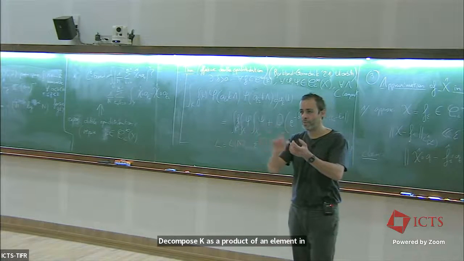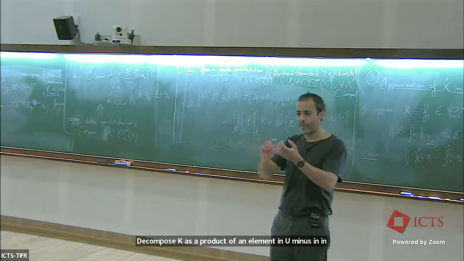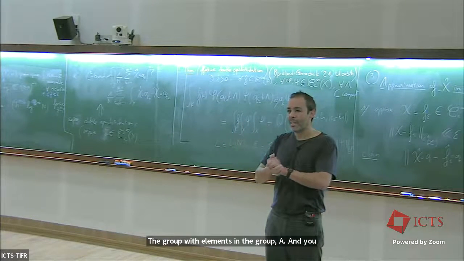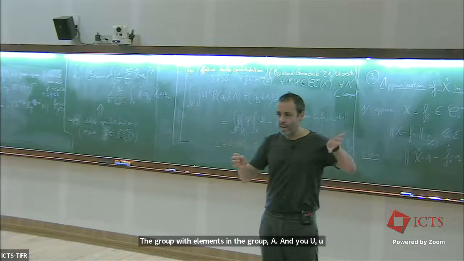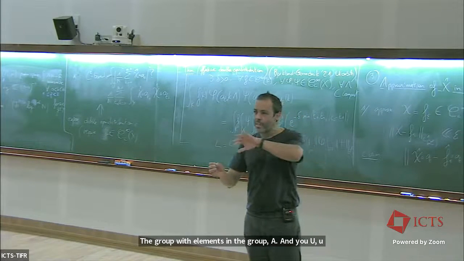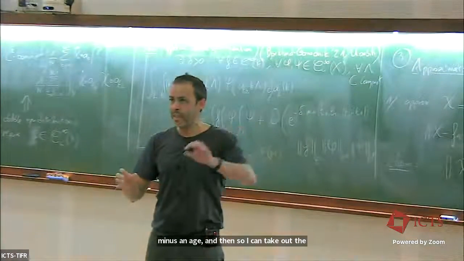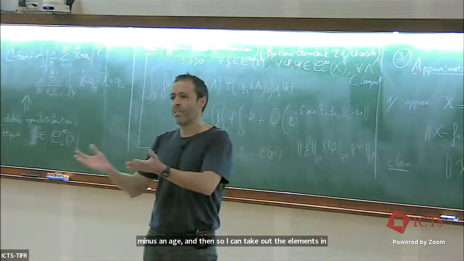H is the subgroup which commutes with the group A, with elements in the group A, and U minus. So I can take out the elements in H, which commute with A and have no effect on the dynamics. And what remains, I also decompose.